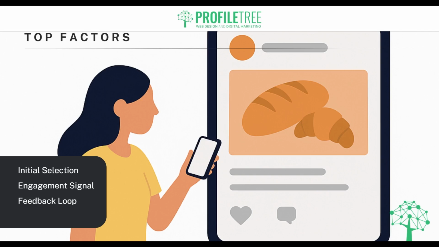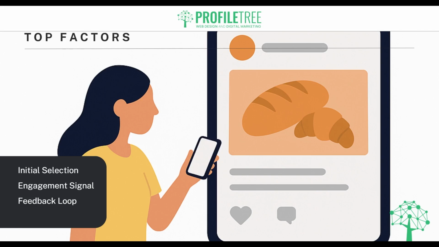You've also got your feedback loop. So the algorithm continually learns from user behavior. For instance, if users are scrolling past your post without engaging, it will show your content to fewer people next time. On the flip side, if your post gets a lot of interaction, then what will happen is the algorithm will increase its reach, showing it to more people, and then possibly recommending it in the explore or suggested content sections.